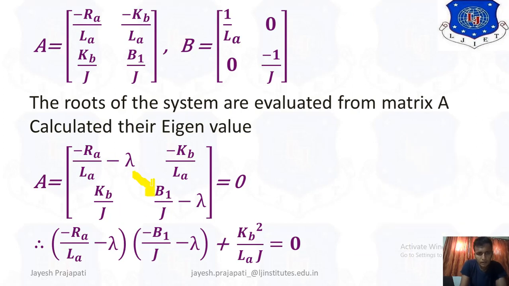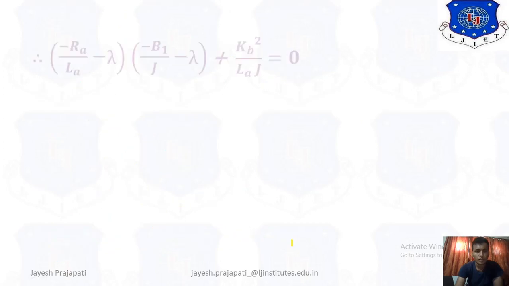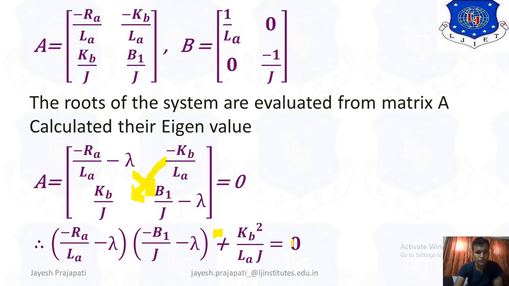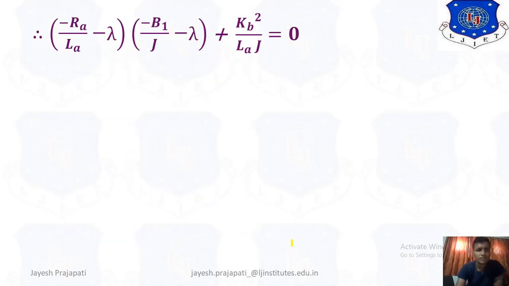Okay, so minus Kb by La and Kb by J, so minus, and again minus here, so minus minus plus Kb square by La into J is equal to 0. Now we have to solve this; we write this equation and copy it in the next slide. So we have started from this.